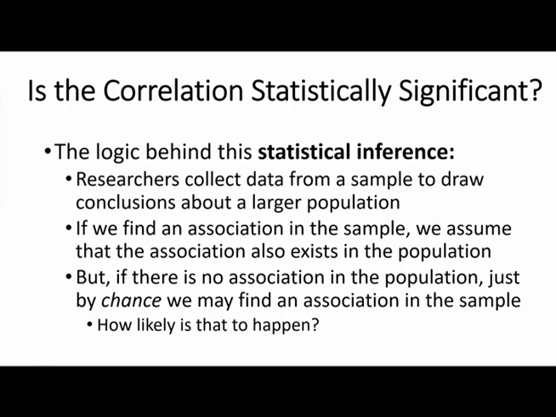So to word it another way, our calculations of statistical significance are helping us as researchers evaluate the probability or the chance that the result that we're getting came from a population in which our association is actually 0. So how likely are we to be finding something that doesn't exist?